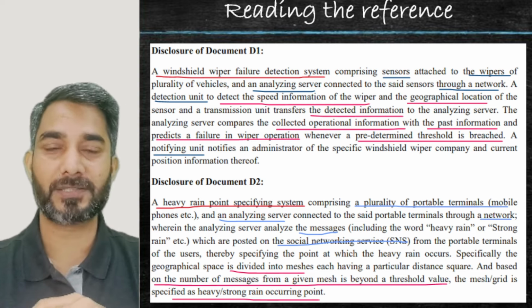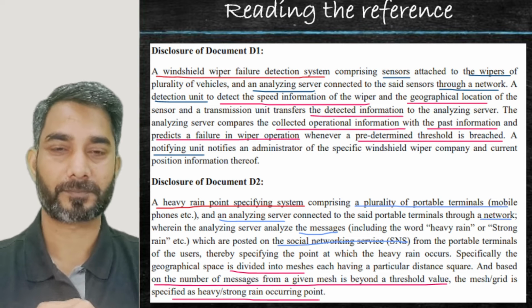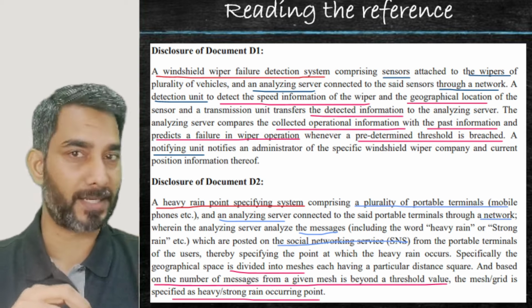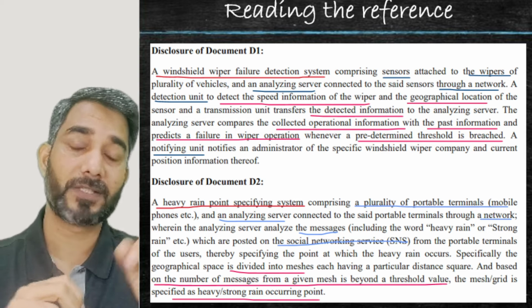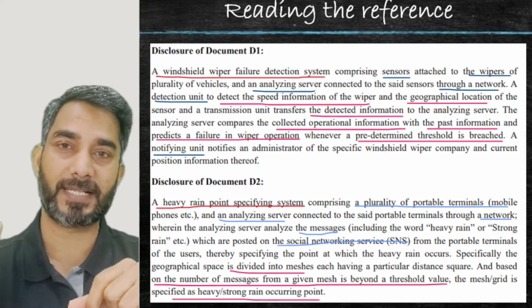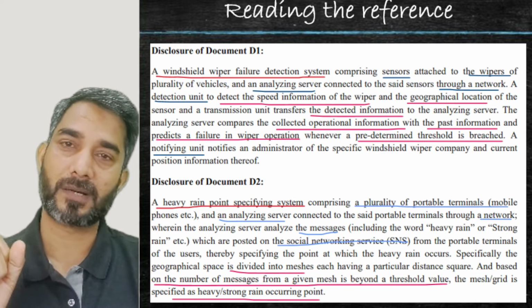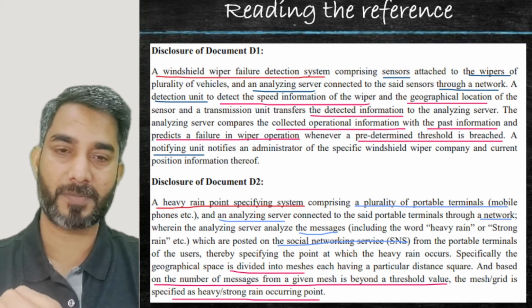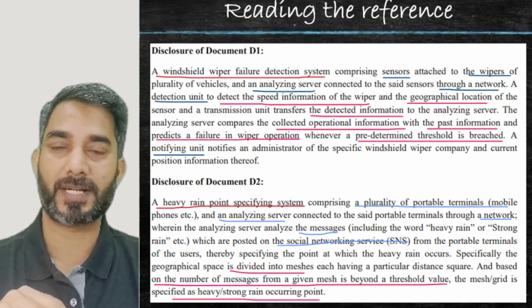The novelty is, first of all, the way in which data is analyzed. There, it was analyzed using statistical analysis. Here they are just comparing with the past performance, that speed information is given, past information is there, and there is a threshold that is being breached.